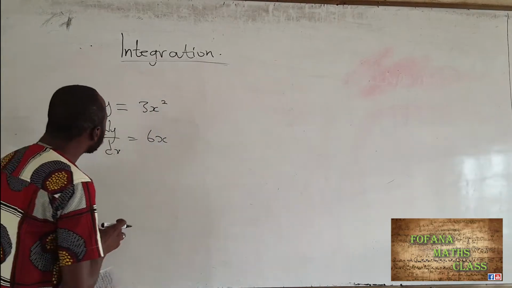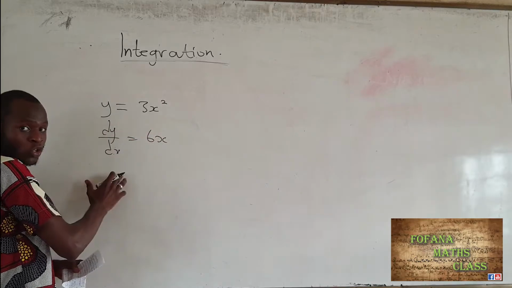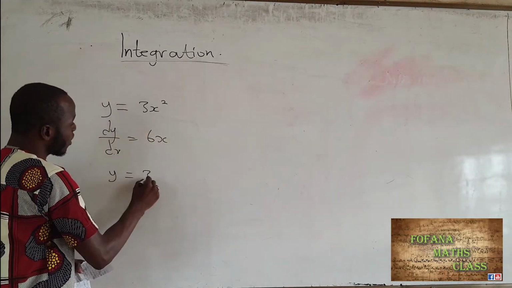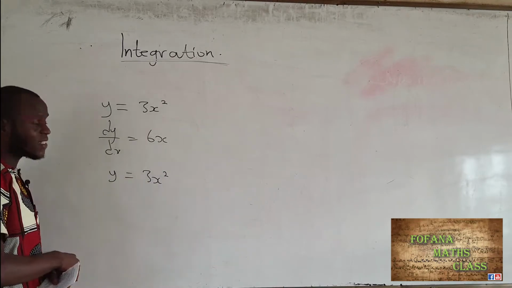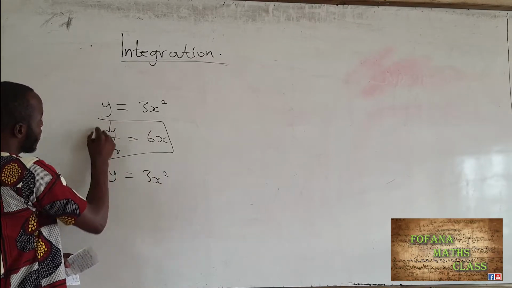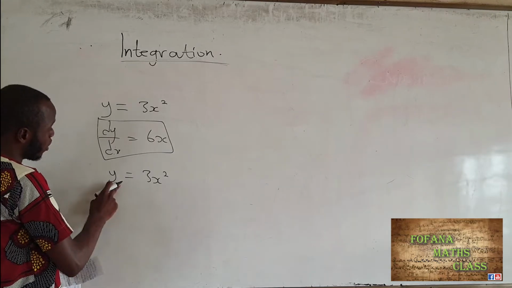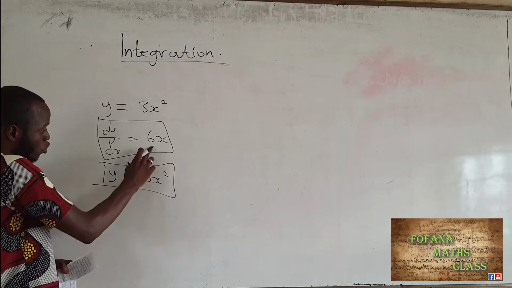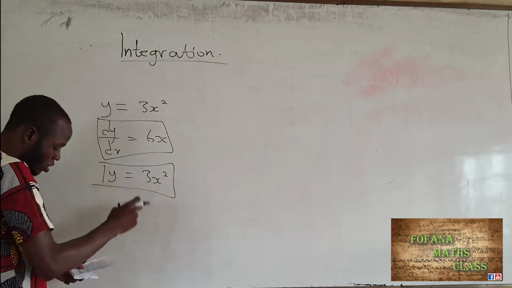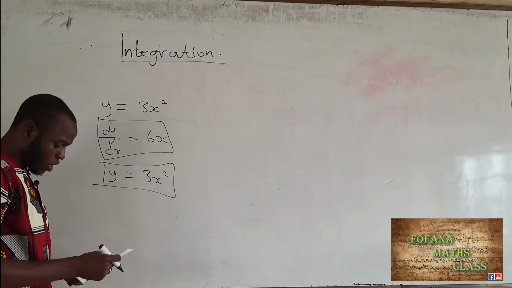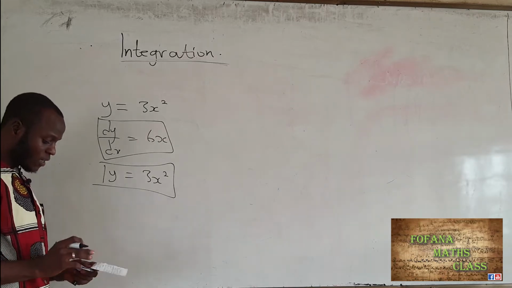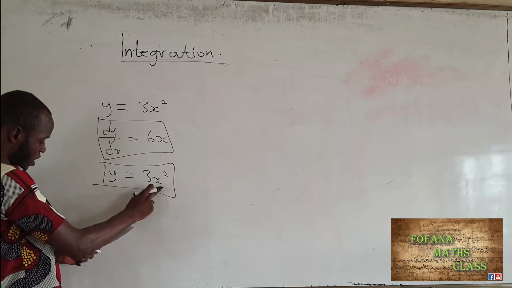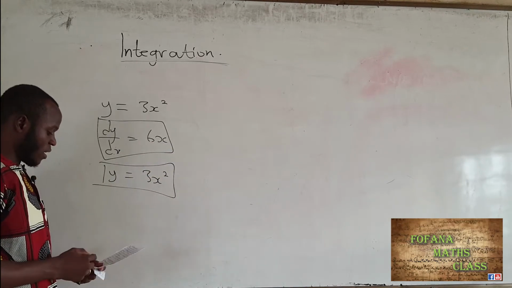Now if I want the integral of this expression, it will bring me back to y equal to 3x squared, which means I have reversed this differentiation expression back to its original position. I used the method called integration to get back to the original expression. So the integral of 6x is 3x squared.